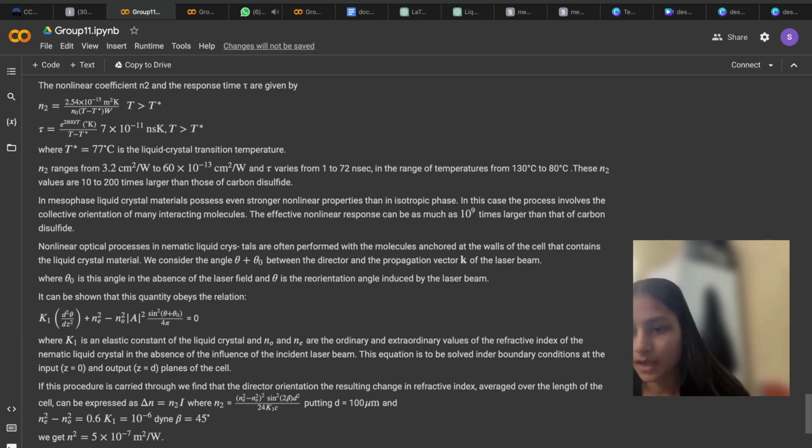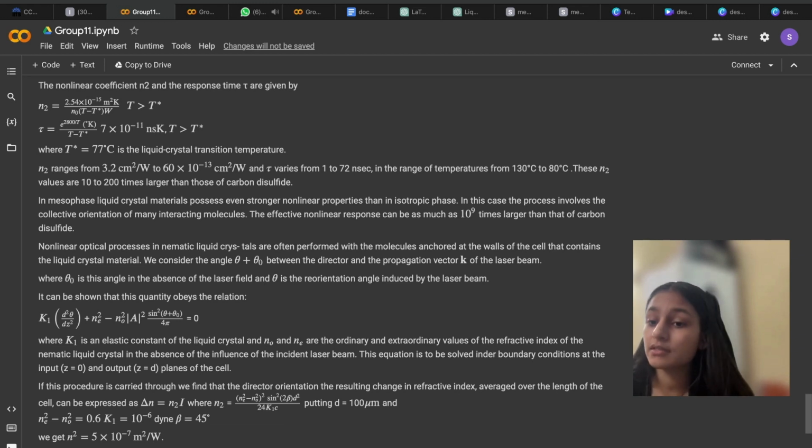Okay, so next we'll talk about analyzing liquid crystal responses, the theta plus theta naught angle. In this analysis, we consider theta plus theta naught, where theta naught represents the angle between the director, a vector indicating the average molecular alignment in the liquid crystal, and the propagation vector k of the laser beam in the absence of laser field.